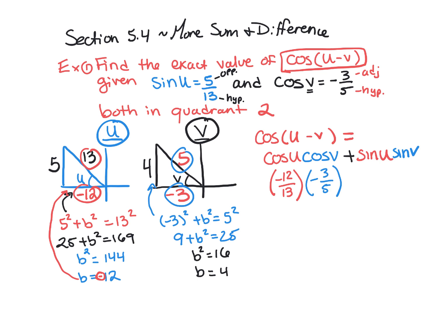And then we have our plus. Sine of u is opposite over hypotenuse, so 5 over 13. And then sine of v, opposite over hypotenuse, 4 over 5.